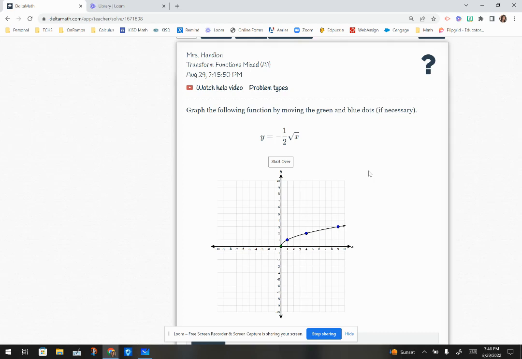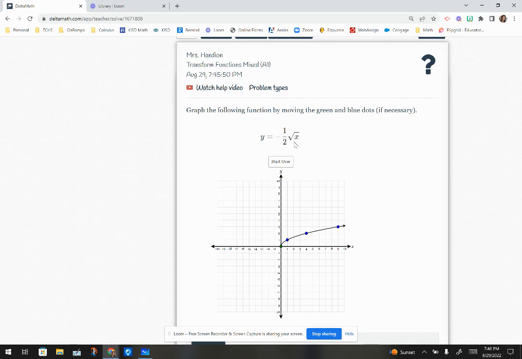Number 2 is dilations. Is there any stretch or compressing happening? So we look for coefficients. Now we notice that this here, 1/2, is a coefficient. And this coefficient is multiplying against the entire function. If it was multiplying by the coefficient of X, it would be right inside here with the square root.